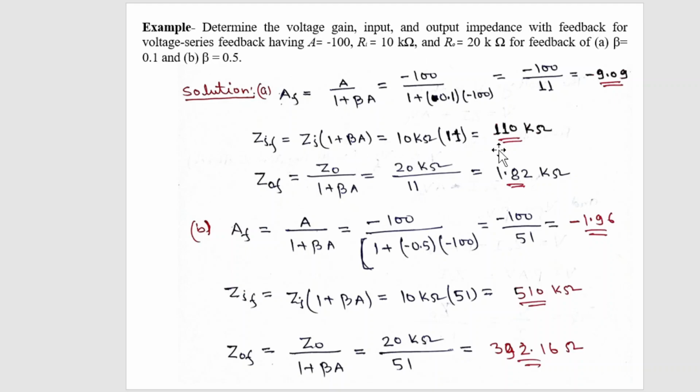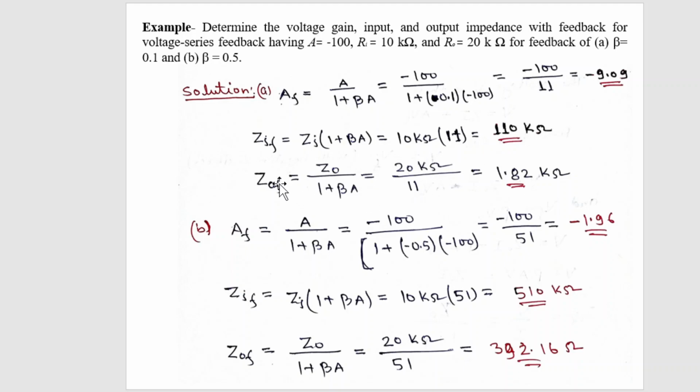So 11 multiplied by 10 is 110 kilo ohm. So the input impedance is 110 kilo ohm. Without feedback it was 10 kilo ohm and with feedback the impedance is increased. Here gain was decreased and impedance was increased.